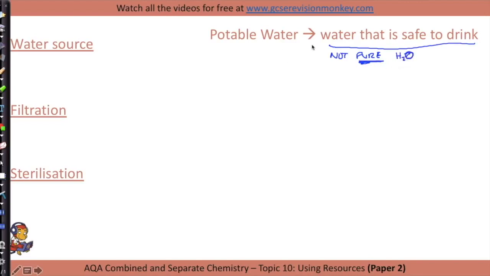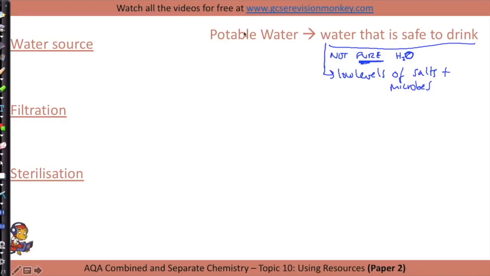However, potable water is not pure because it does contain some dissolved salts and other substances, but for it to be safe to drink, it must just contain low levels of salts and things like microbes that can make you ill. So it's not completely pure, but it is just safe to drink.